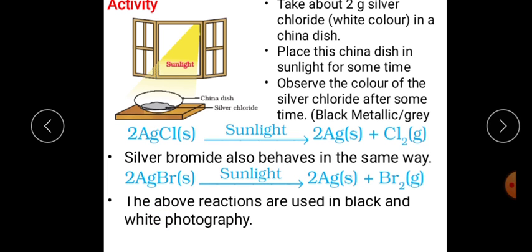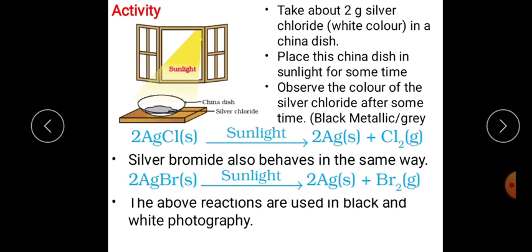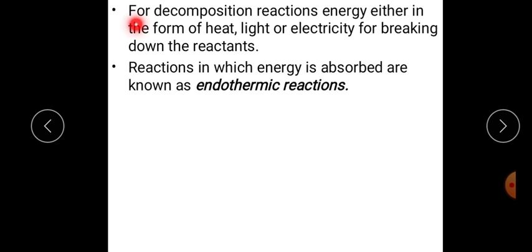All these reactions are decomposition reactions, where you can observe that a single chemical compound gets decomposed into many products. For a decomposition reaction, energy in the form of heat, light or electricity is required for breaking down the reactant.